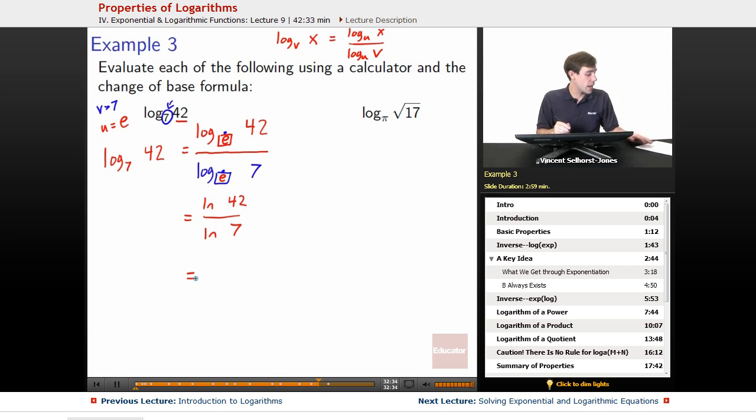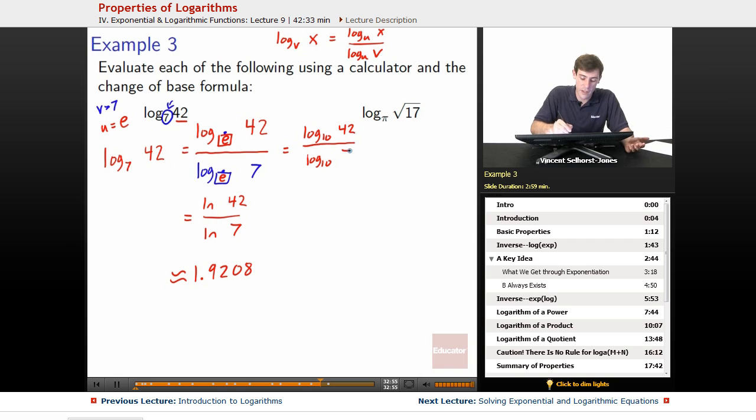We punch that into our calculator, and it'll go on with lots of decimals, so let's cut it off, and it'll wind up being approximately 1.9208. Now, if you wanted to, you could have also done this as log base 10 of 42 over log base 10 of 7. That'd be the same if you used common log, something that also shows up on a lot of calculators.